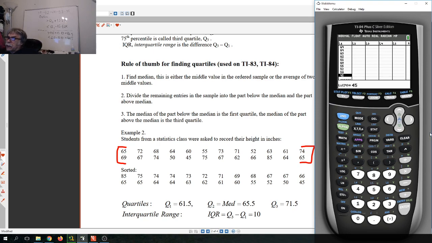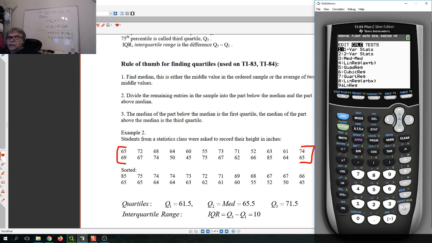Okay, now if I want to use a calculator to find a 5-point summary, I would press statistics, and I would go for the option calculate, and just like the way we were calculating standard deviation and the mean, you would use the option one variable statistics.